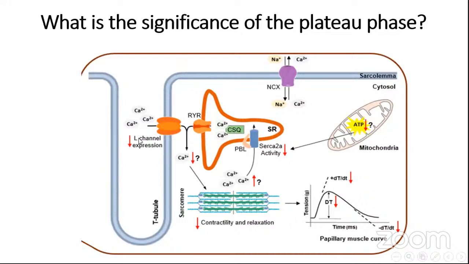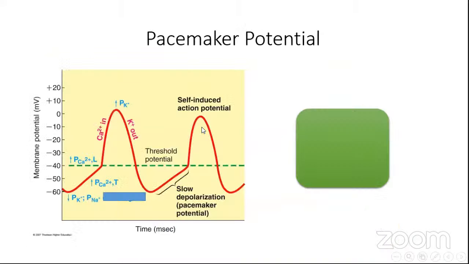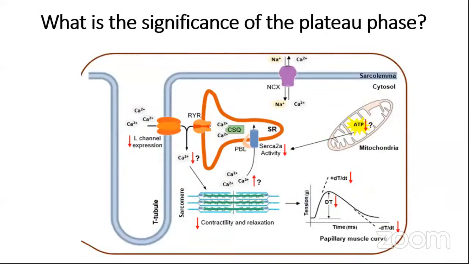Therefore, when calcium enters through them, it binds to ryanodine receptors on the sarcoplasmic reticulum and stimulates excessive calcium release from the sarcoplasmic reticulum. This phenomenon is called calcium-induced calcium release, and it is essential for the excitation-contraction coupling of the myocardial cell. The calcium binds to troponin C, allowing the sliding of actin and myosin, permitting contraction.